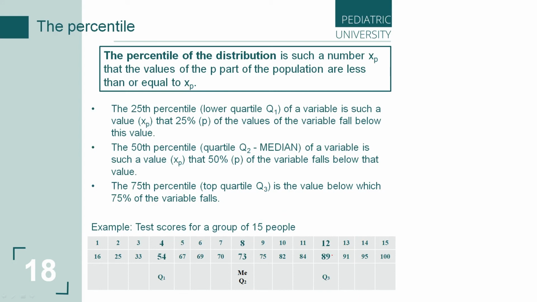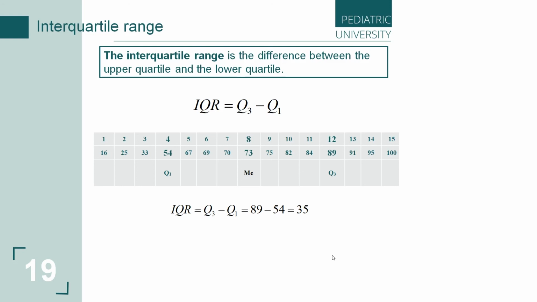Next is the interquartile range. We can use the interquartile range as a measure of dispersion. The interquartile range is the difference between the upper quartile and the lower quartile, that is Q3 minus Q1.